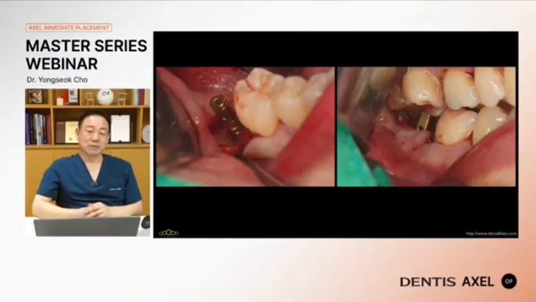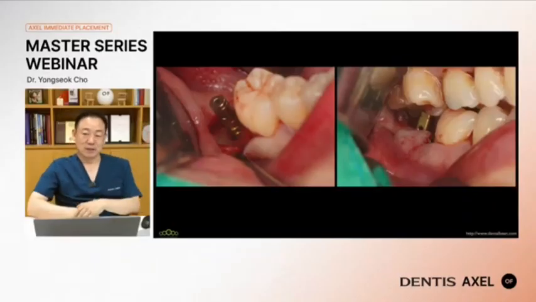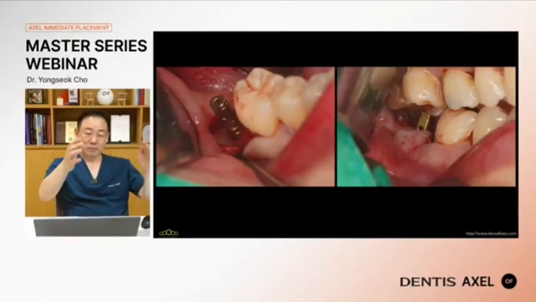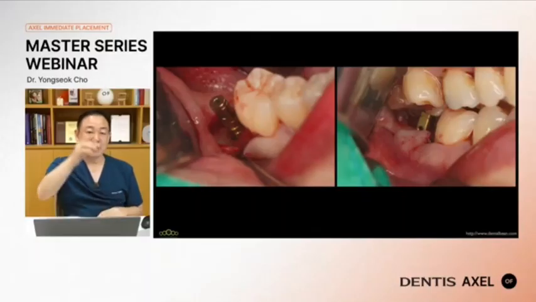Because of the orthodontic force from the tongue, number 7 will move buccally. So some patients have really too much super elongated and too much buccally positioned teeth. But in this case, it is not bad, slightly super elongated.